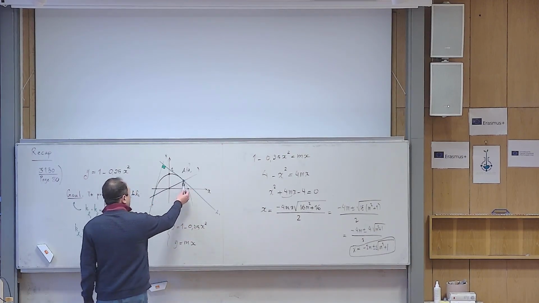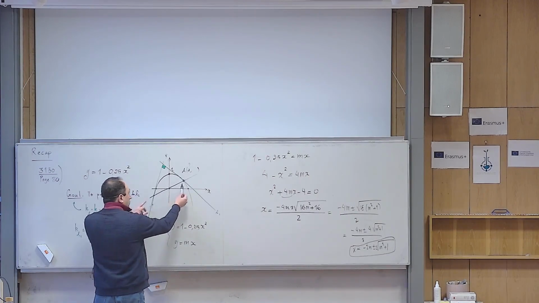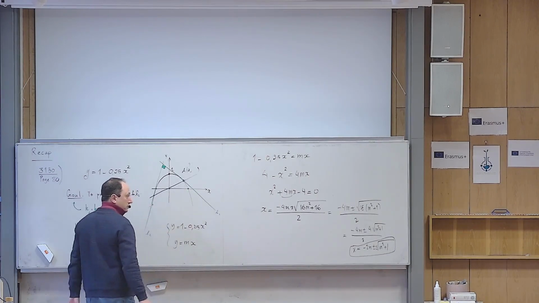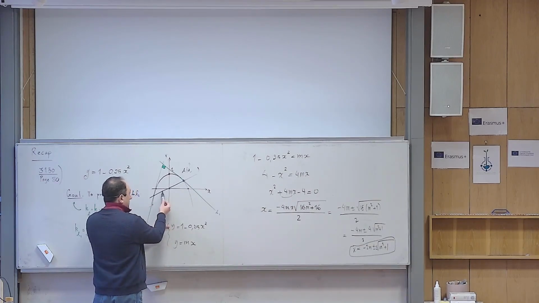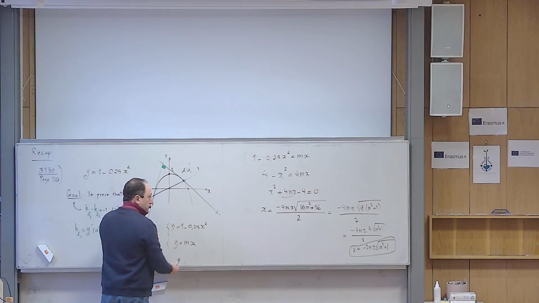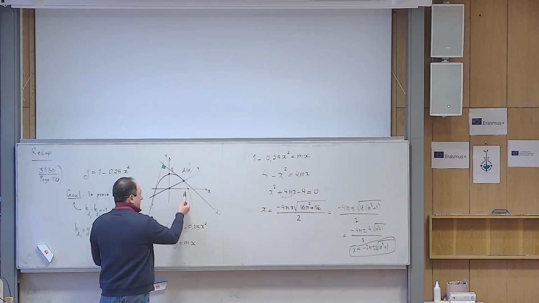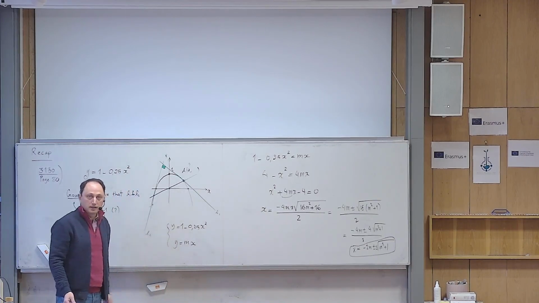My goal was to find the intersection points. In order to find the intersection points, I put this equation and that equation in a system, and I solved that. And when I solved that, the x values I found are the x coordinates of the points of intersection.